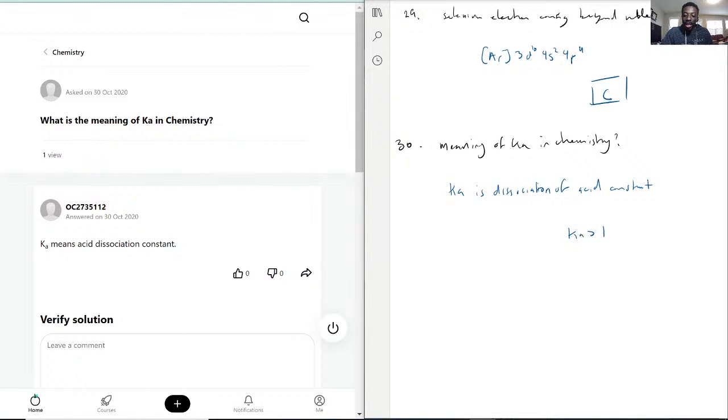I wish there was more I could add with it, but like we've been stating in earlier questions, Ka greater than 1 is a strong acid. Why? Because that is saying that if you threw it into water, it would separate completely. There would be nothing left of the original acid. It will separate just into the cation and anion. A Ka less than 1 but greater than 0 is a weak acid, because you throw it in and it'll dissociate a little bit.